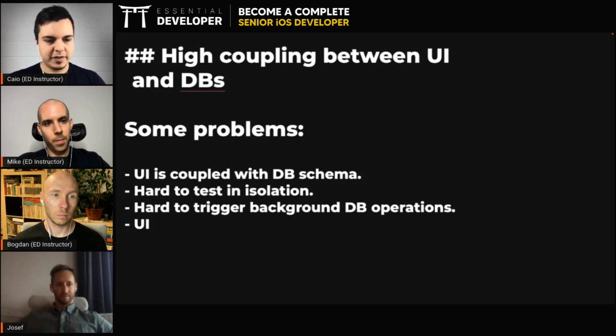But trying to do both in a single model usually will create a mediocre solution to both. It will be not a great DB model and also not a great UI model because it's trying to do both, so you need to compromise all the time. You need to compromise less when you are creating independent models, one for the database, one for the UI.